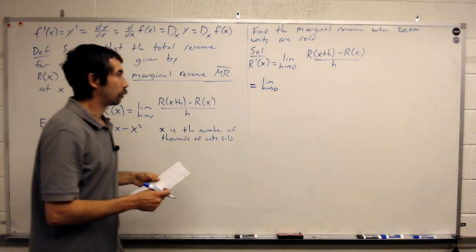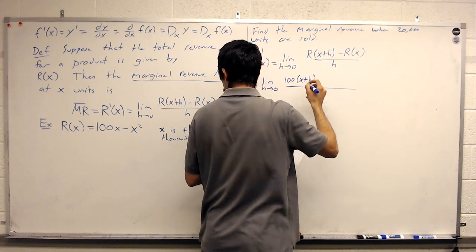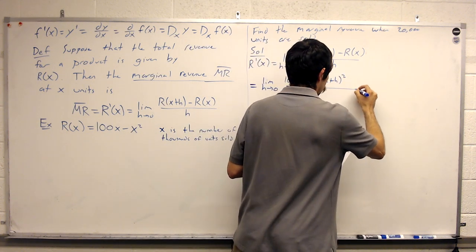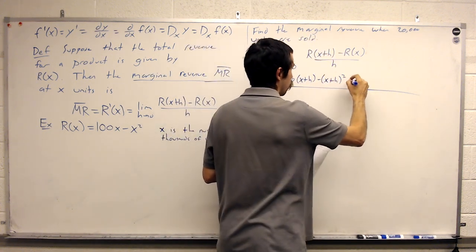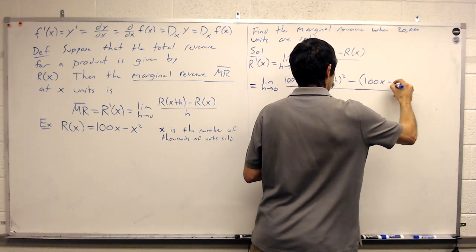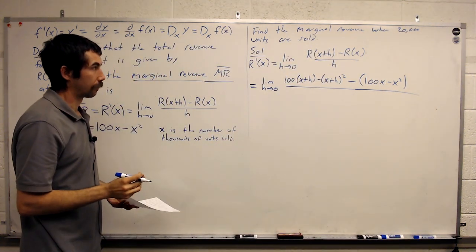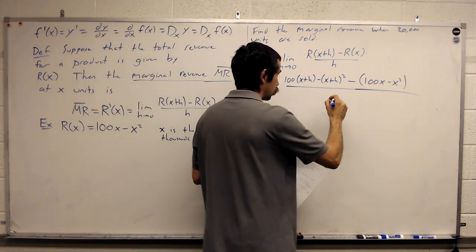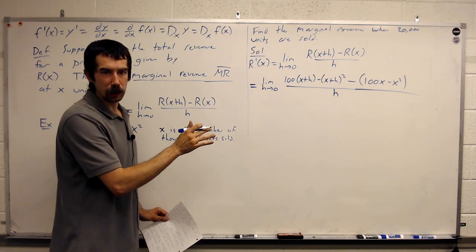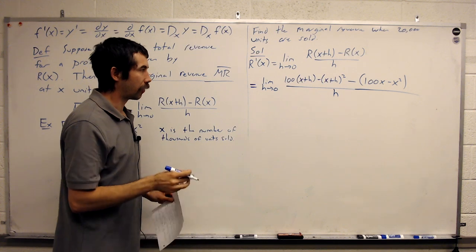So 100 times x plus h, minus x plus h squared. That's this first term. Minus our original function. For the love of God, you better have some parentheses, because that minus goes to everything, over h. We've got to clean up the numerator, then divide out by an h and then evaluate the limit.